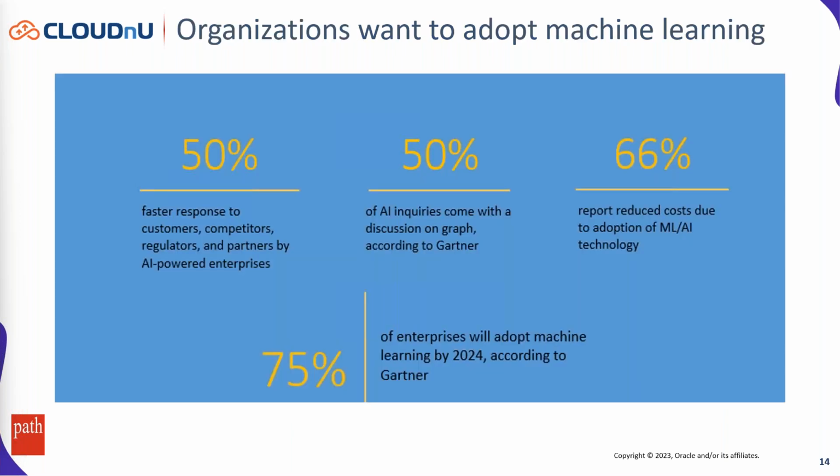These days, machine learning is a big deal. Everyone wants it. However, it's not as easy as you think it is. But that doesn't stop CIOs, CTOs from wanting it, because for them, they say when you have machine learning in your product, you get a faster response from the customers, the competitors, regulators, and partners.